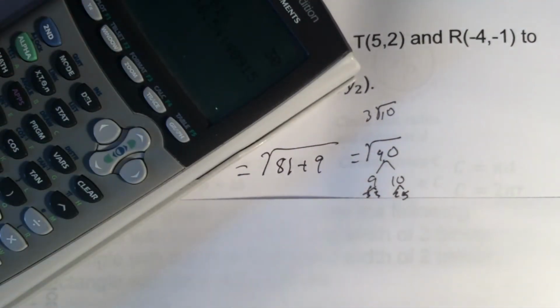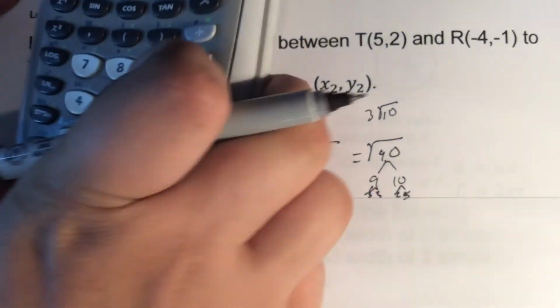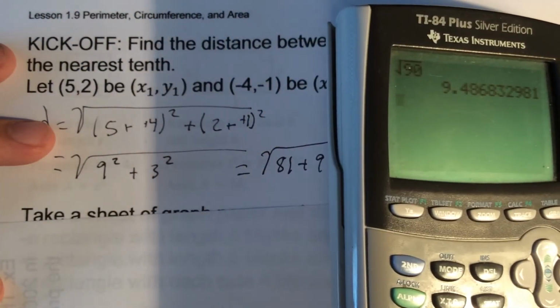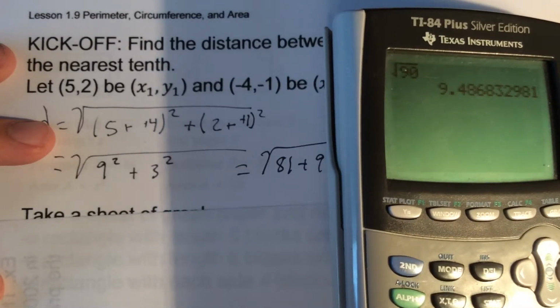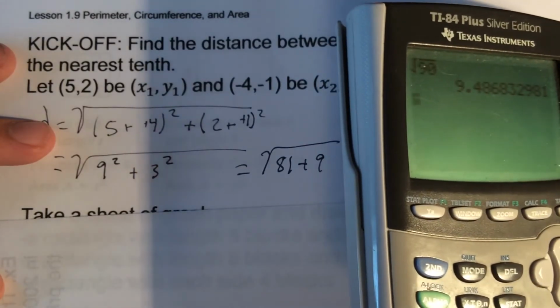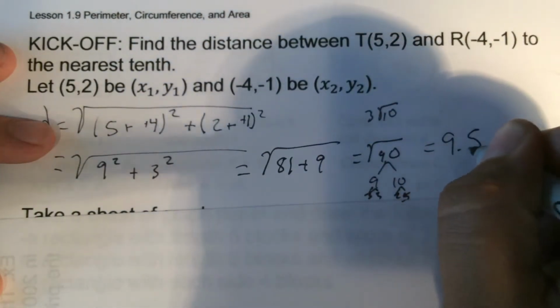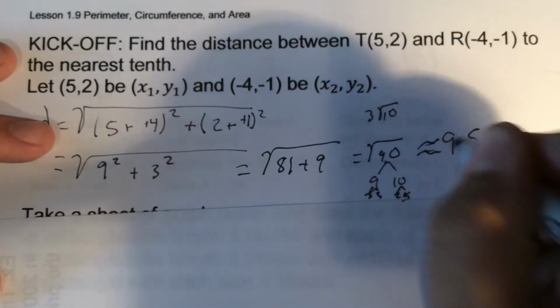We can do second square root of 90, and we get 9.49, which to the nearest tenth will make that 9.5. And we'll do the little squiggles.